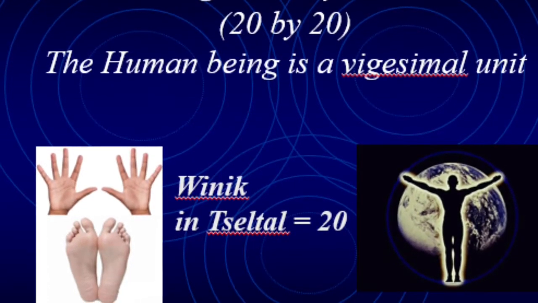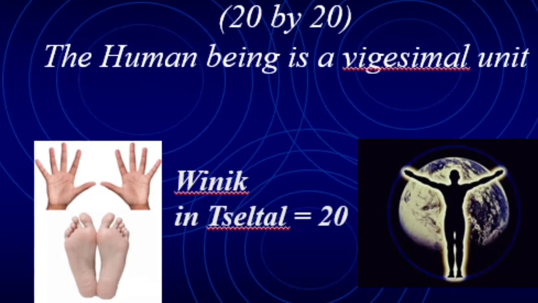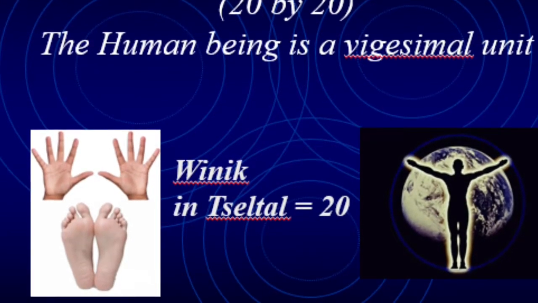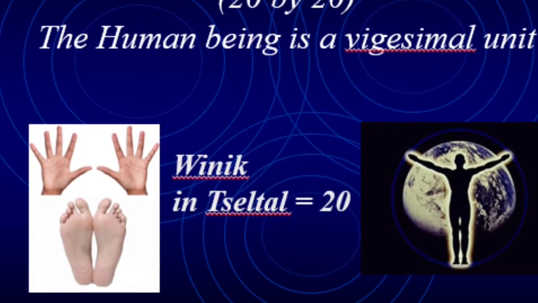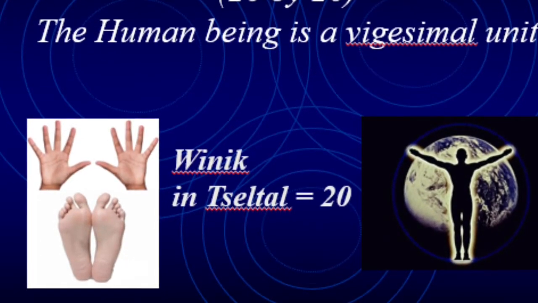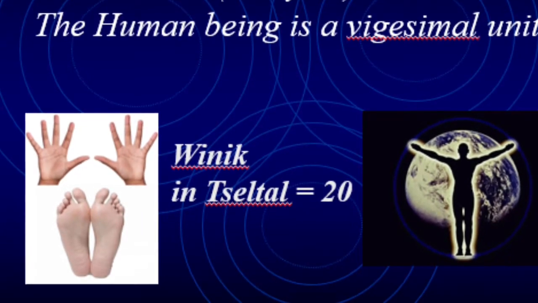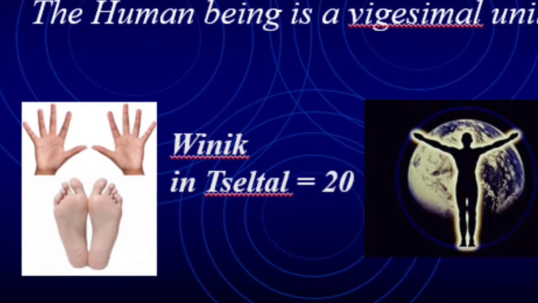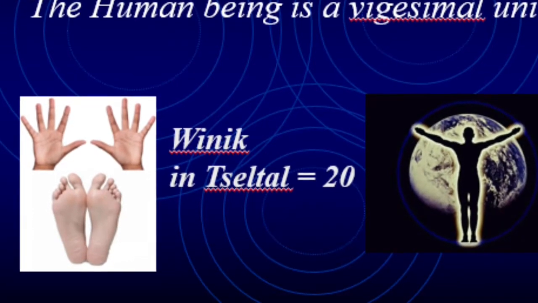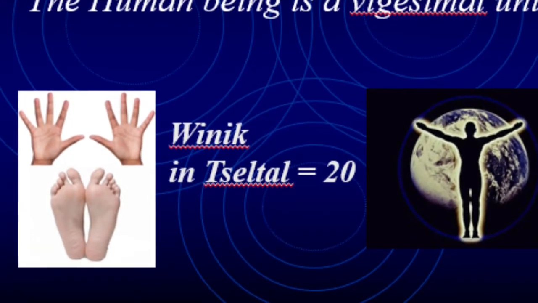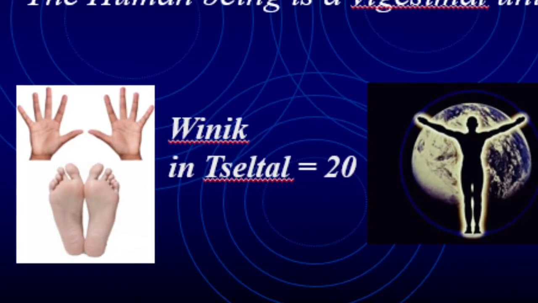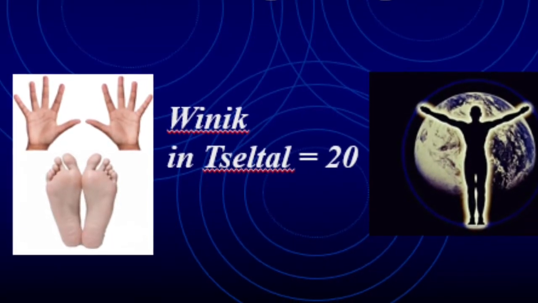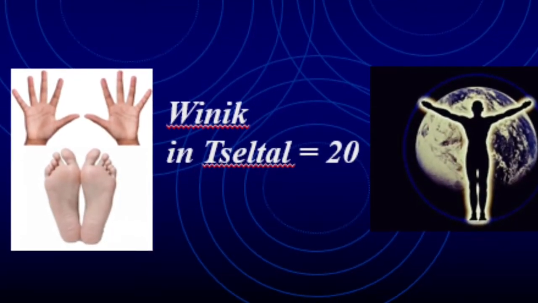In Mexico, for example, in Chiapas, one language is the Tseltal, in which the number 20 is said winik or vinik, but also a human being is called winik. The human being is a vigesimal system. Why? Because of the simple reason that we have 10 fingers and 10 toes.